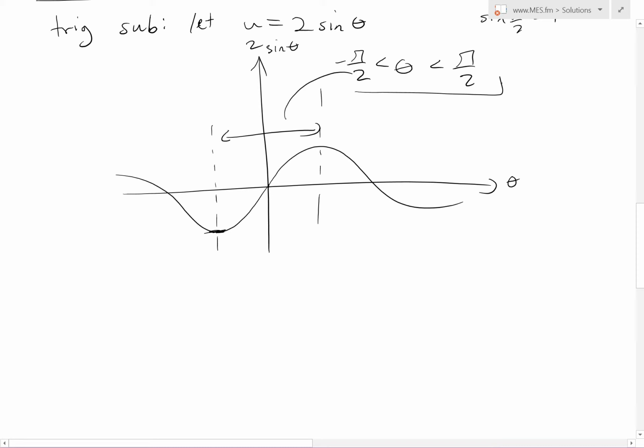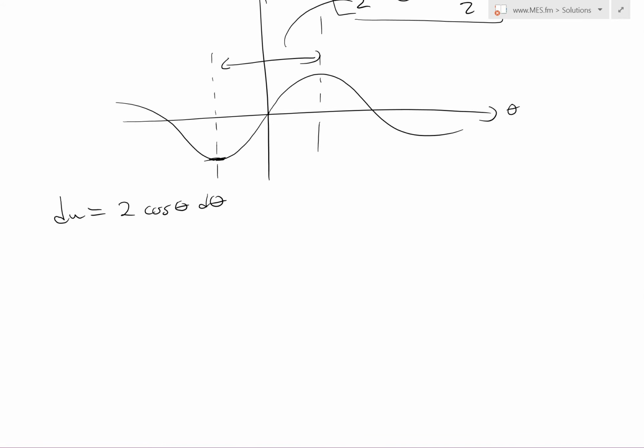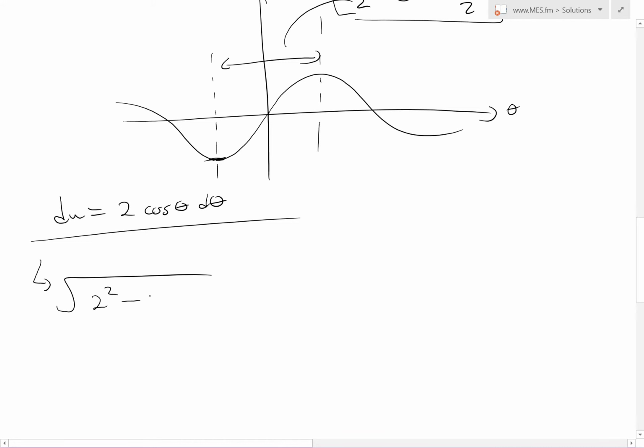So now that we have this part, let's get du first. du is equal to the derivative of this, 2 cosine theta, and then always add the d theta there. Now let's simplify this function right here. This is 2 squared, or 4, minus u squared.